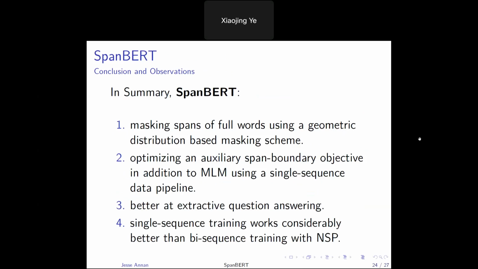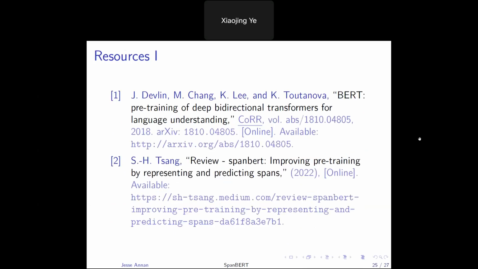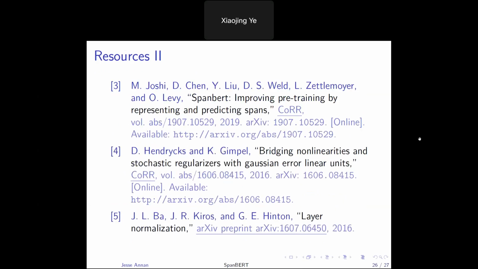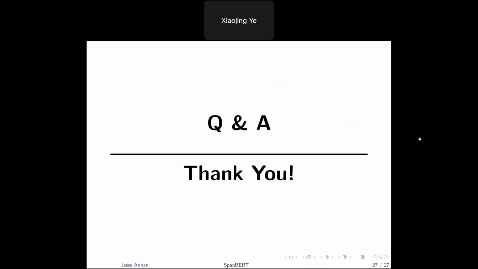And from the experiments, it performed best on extractive question answering tasks. And their single sequence training works considerably better than bi-sequence training with NSP, as seen from the ablation studies. These are references from the papers. Thank you.